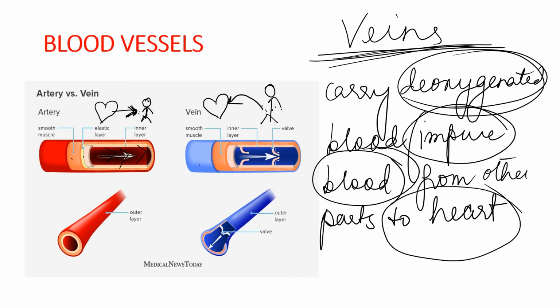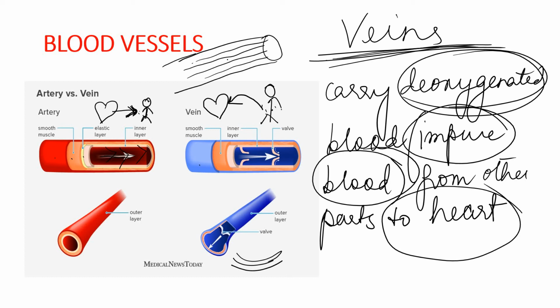So that is the role of a vein: deoxygenated impure blood from other parts to the heart. Now, in terms of veins, the passage is quite wide. Let me draw it here. The passage is quite wide. So as there is space, the blood flows at a low speed, not high speed.